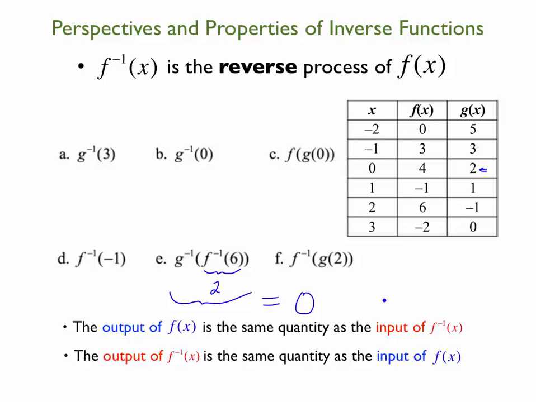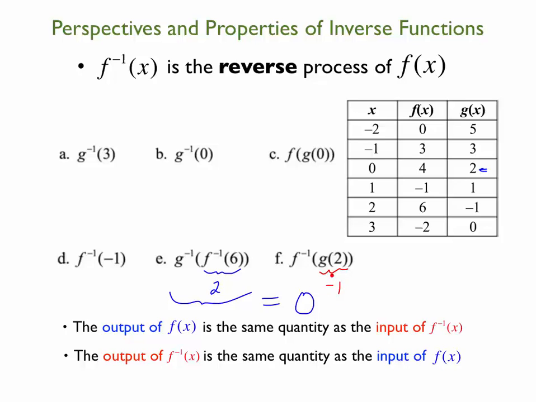How about F? Can we do F? Since you just have the regular G of 2, find 2 in the X column. Input's 2. Find the corresponding output of G, which is -1. Good. And then since you have the inverse of F of -1, you find -1 in the F of X column.